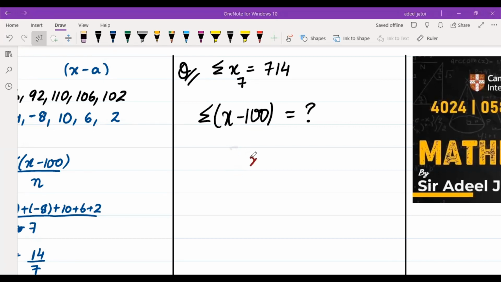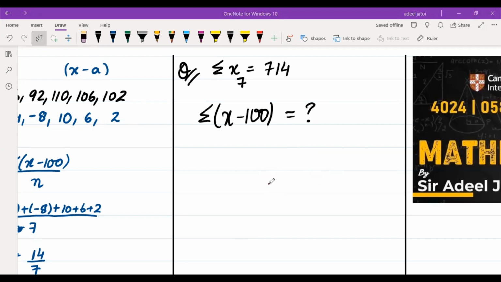The assumed mean will be equal to mean minus A. So the assumed mean will be 102 minus 100, which is 2. Now the assumed mean is x minus 100 upon n. Your n is 7 for both cases.